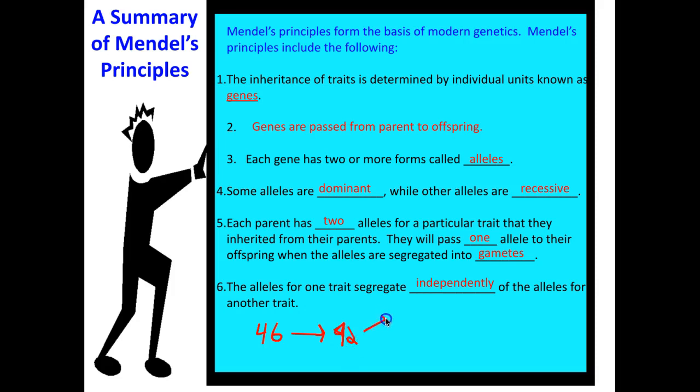That divides in meiosis 1 to two cells of 46 and 46, and then that divides further into two cells of 23.